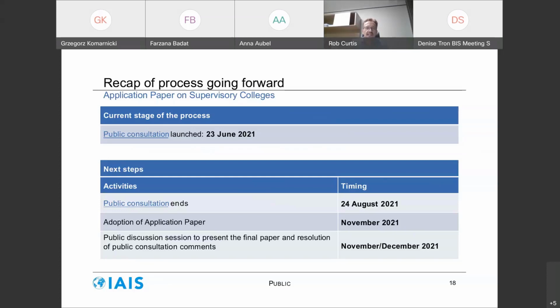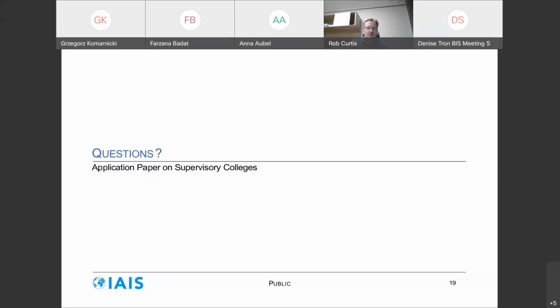So with that, I'm very happy to take questions on the draft revised paper. Please use the chat function to type your question, or alternatively, if you want to ask a question verbally, please use the raise hand function to be unmuted.